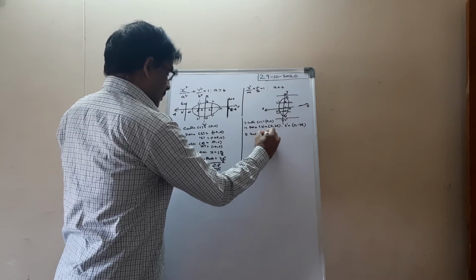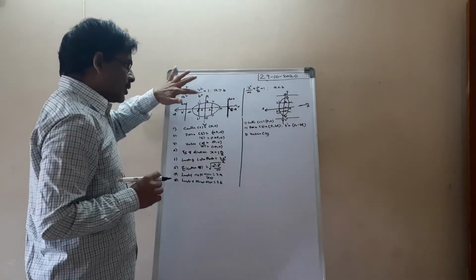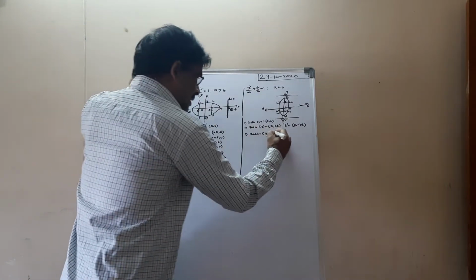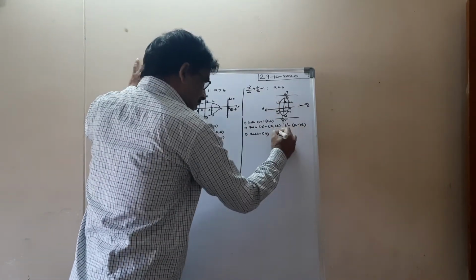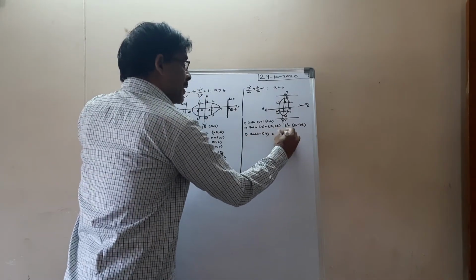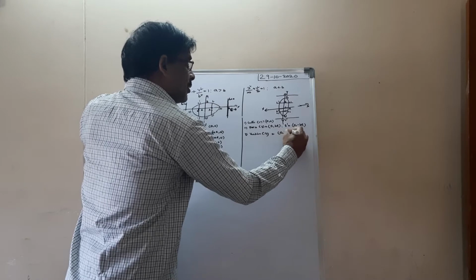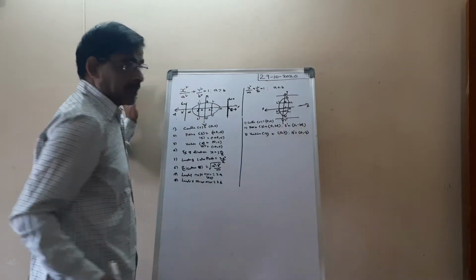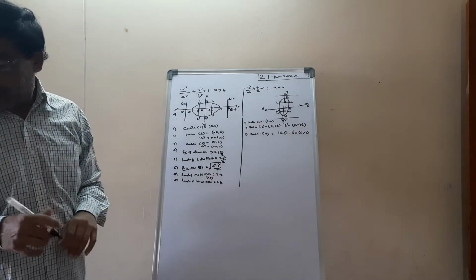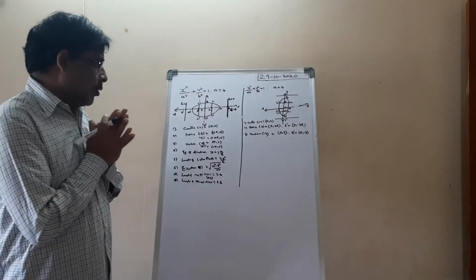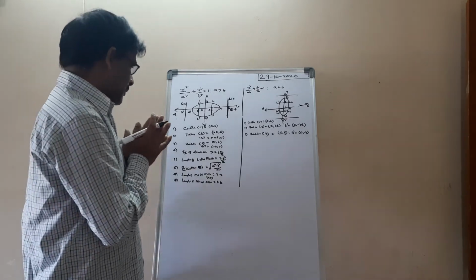Vertices means here you have to write A, here B. What are the coordinates of B? The x coordinate of B equal to 0, so B is 0 comma b, and B dash equal to 0 comma minus b. These are the vertices.